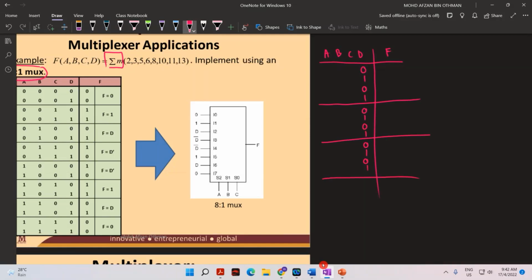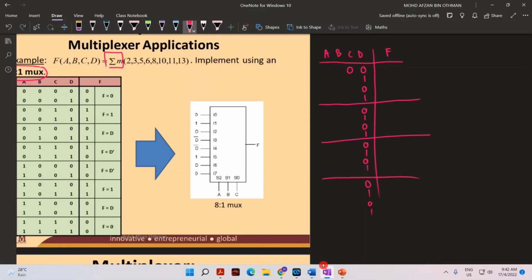Yang ni kita pakai max term dan min term notation, senang sikit. Nanti kalau disuruh pakai boolean expression, kita akan buat later. Okay, so kamu ada 4, 8, 12, 16.